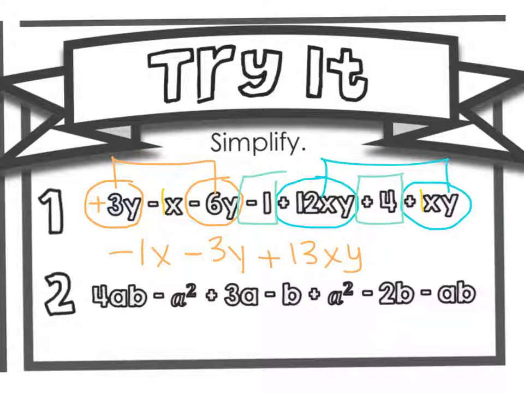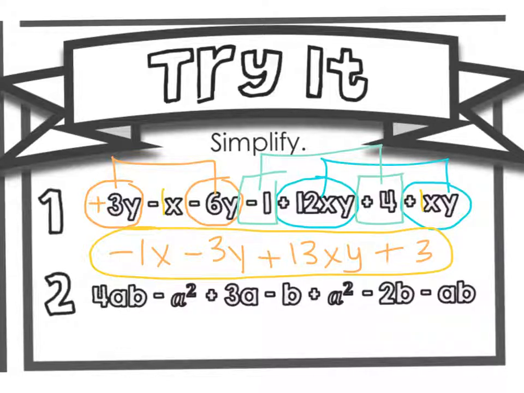And then our constants will come last. Negative 1 plus 4 is a positive 3. So there are no other like terms. We put it in order alphabetically, so this would be our final answer.